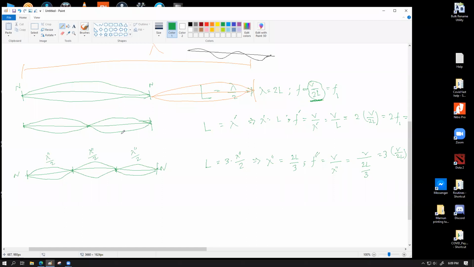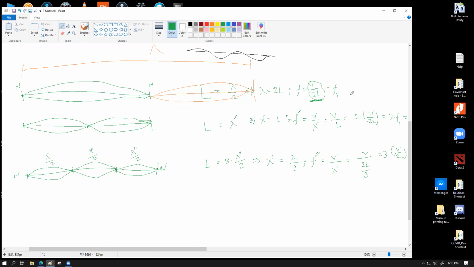Now, there is a catch. If you want to produce all the in-between values of frequencies, there is a thing you can do. You can change the length of this wire. Let's say this length of the wire is something, and we want a sound with a slightly higher frequency, not exactly double. Let's say this frequency is 100 hertz.